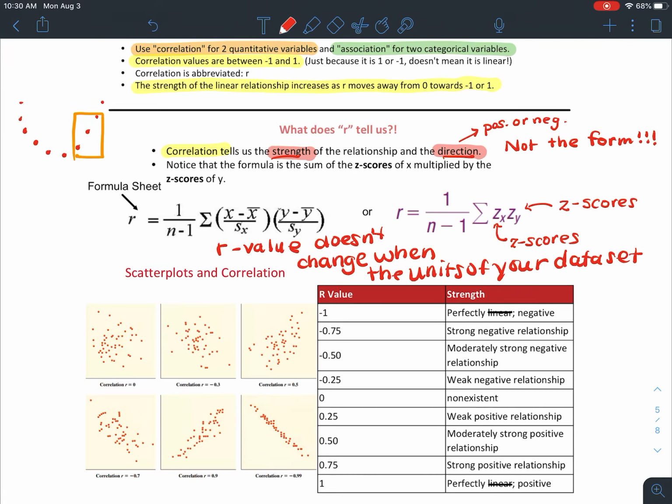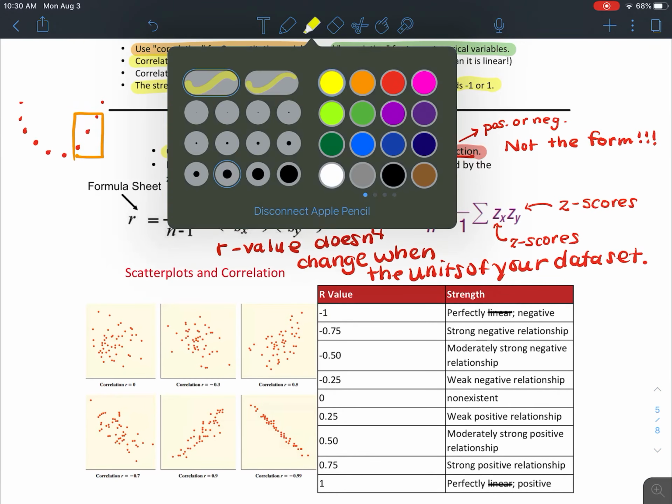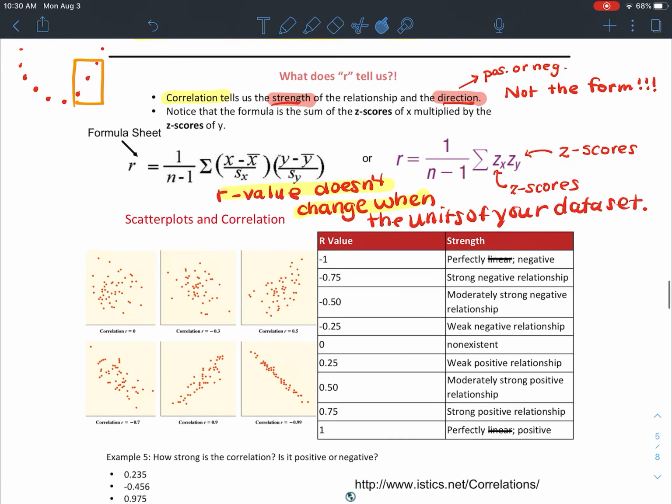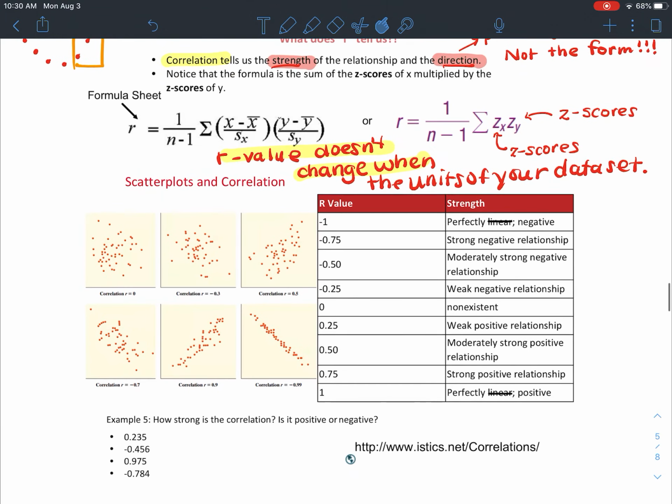If you were to change from feet to inches and then rerun that regression, your R value is not going to change. That is in part because the R value formula is using z-scores, and z-scores are not affected at all by transformations.